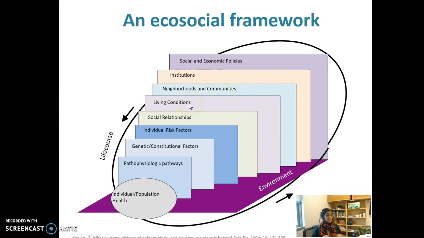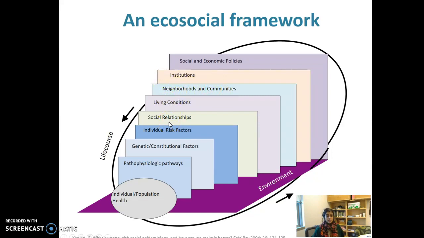Living conditions are at the level of the family usually. So if we're talking about an exposure such as mold or even violence, that's at the level of family or living conditions sometimes, or it might be at the larger level depending on the exposure.